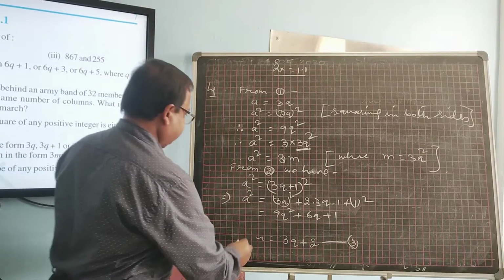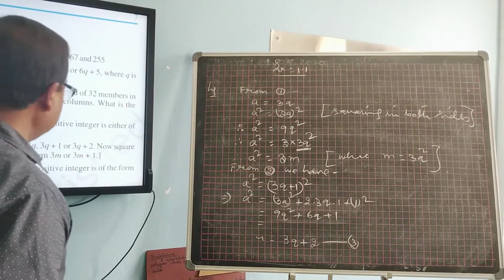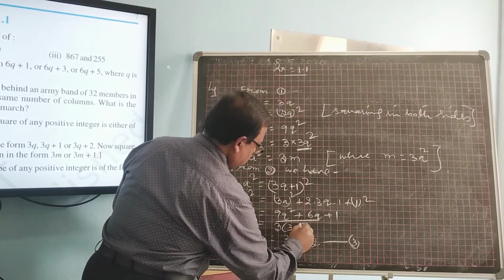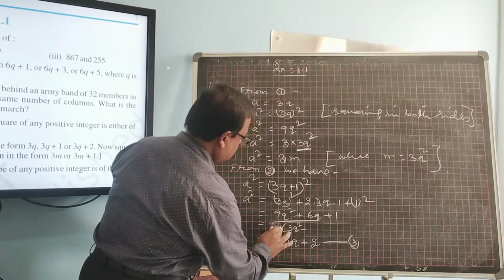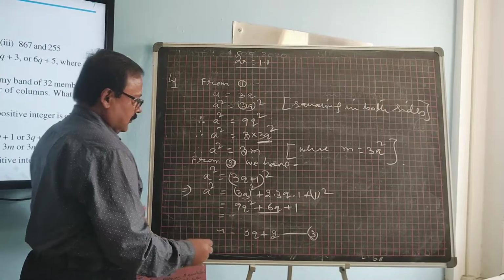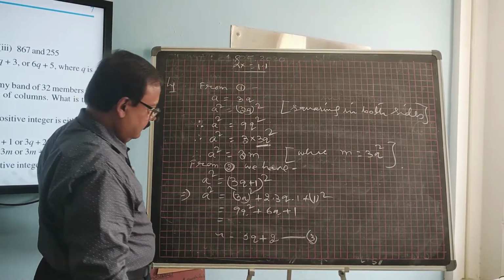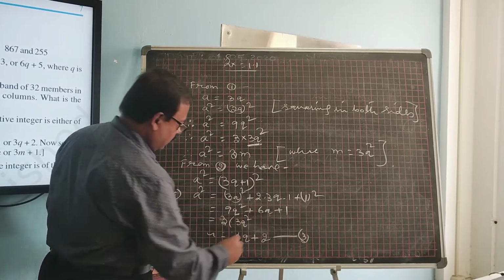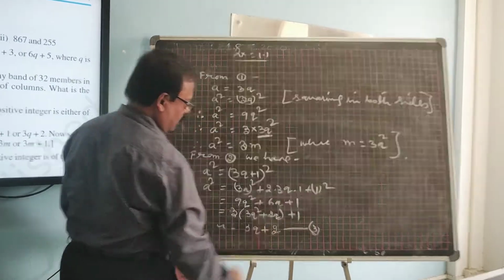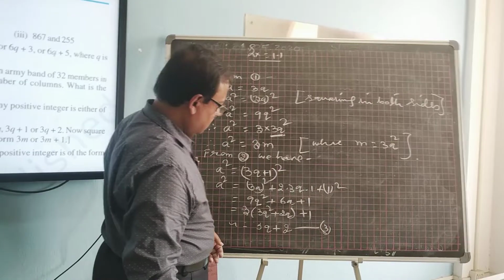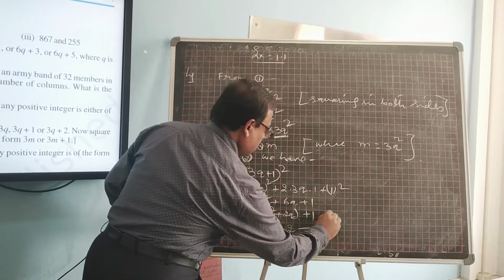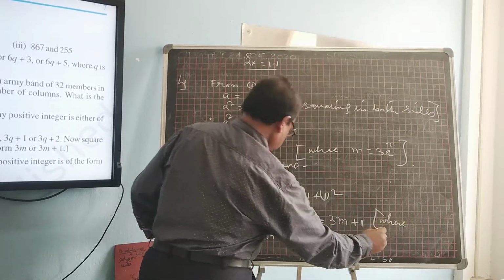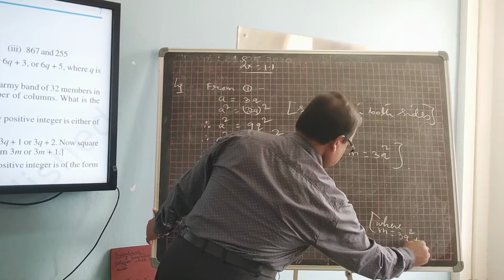Now let us take common 3 out of this. 3 into 3q square plus 2q, plus 1, equal to 3m plus 1, where m equal to 3q square plus 2q, some integer.